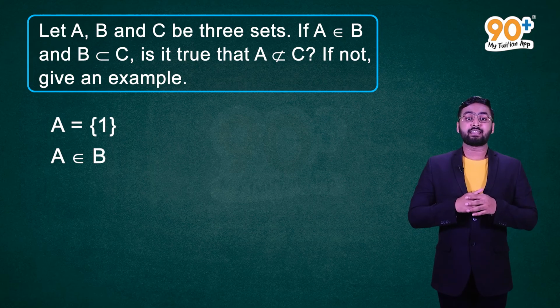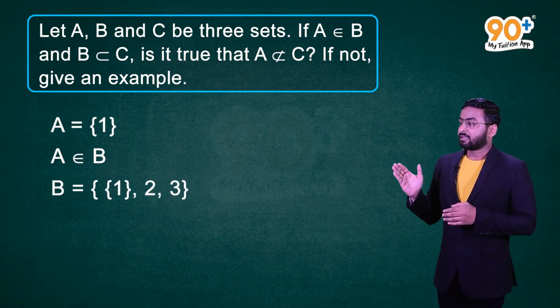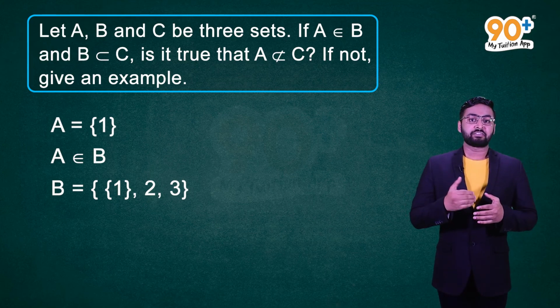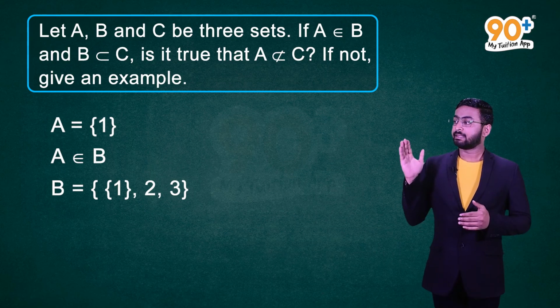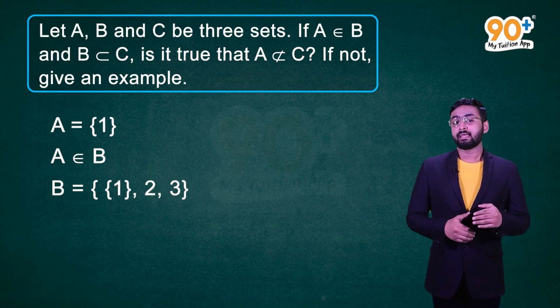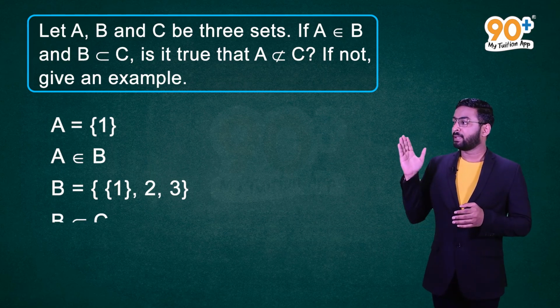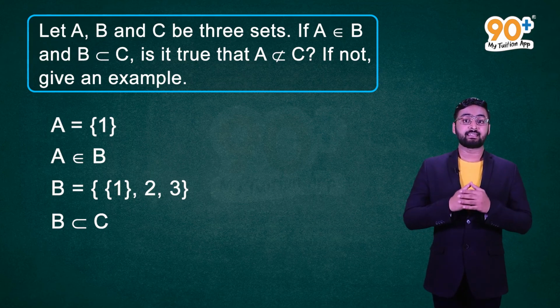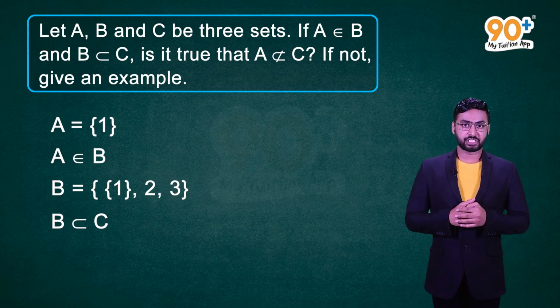So let's make another set B according to that condition. B equal to set of set 1, 2 and 3. So let this be our set B. It's also given that B is a subset of C. Next, let's write a set C according to this condition.